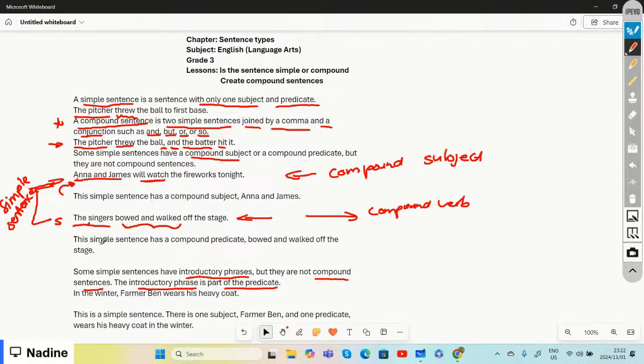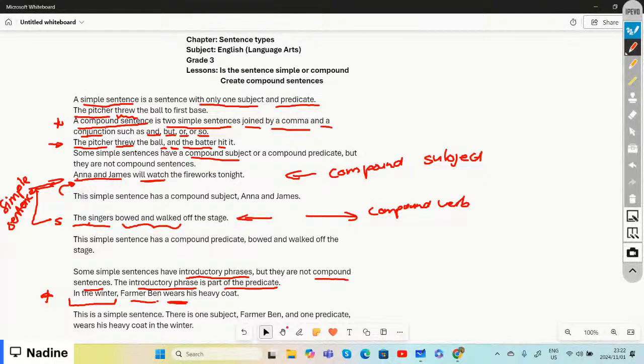If we look at an example, it says: in the winter. That is introductory. In the winter, Farmer Ben wears his heavy coat. That is a simple sentence.